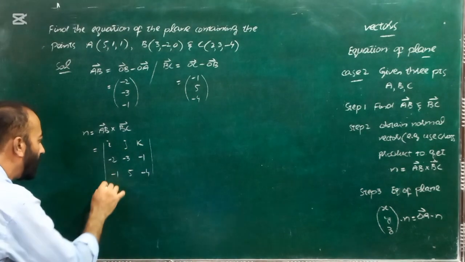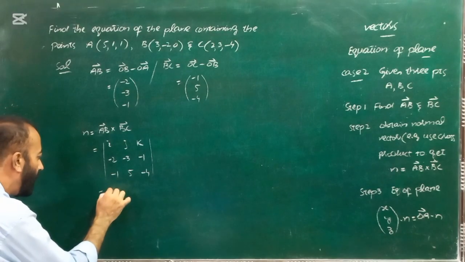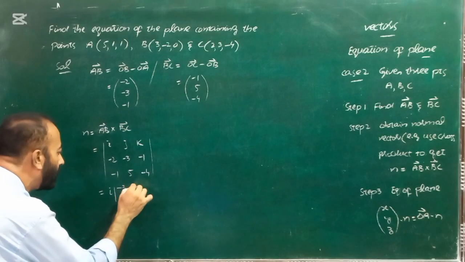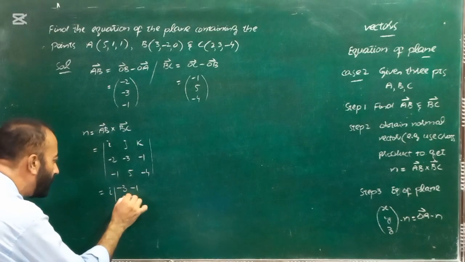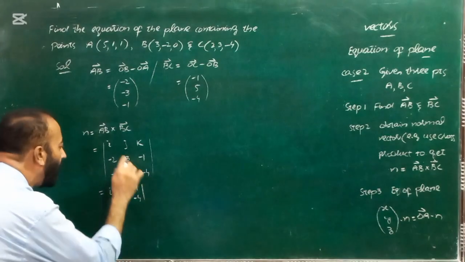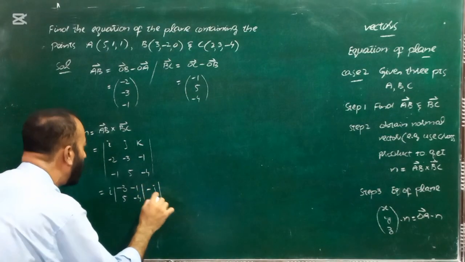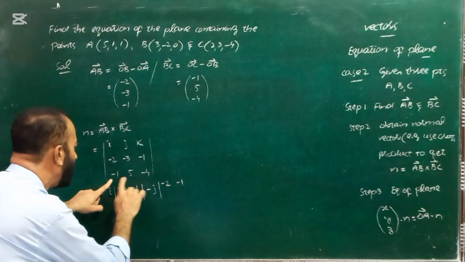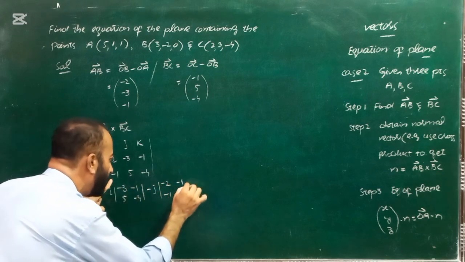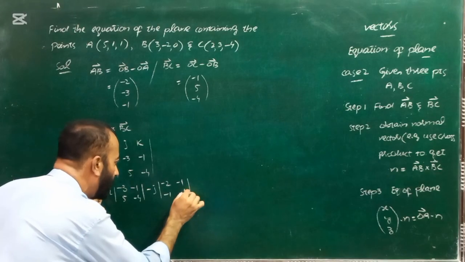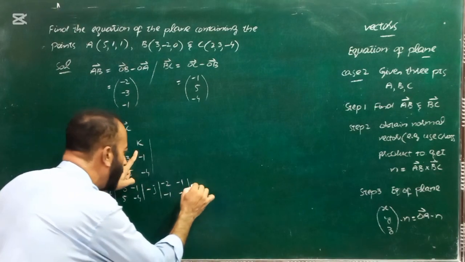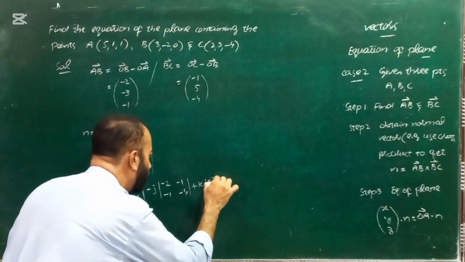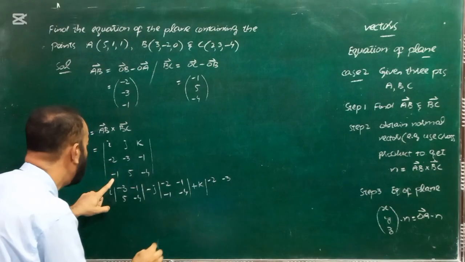So now solving it: I into minus 3 minus 1, 5 minus 4, minus J, so minus 2 minus 1, minus 1 minus 4, and then plus K, that will be minus 2 minus 3 and minus 1 5.